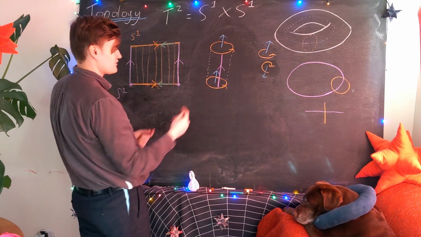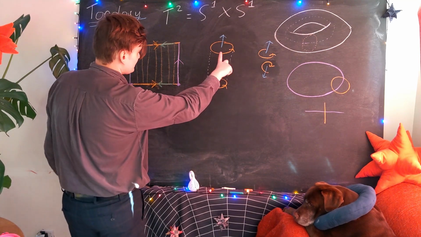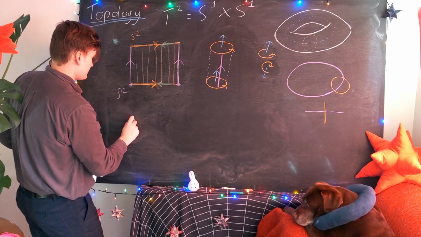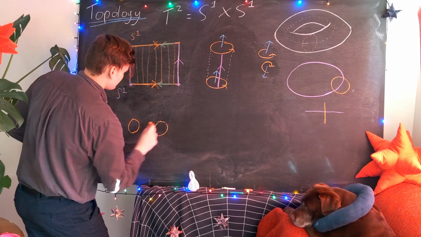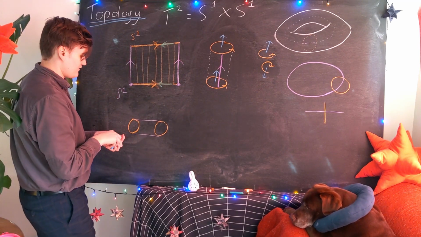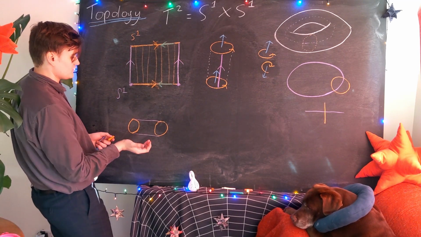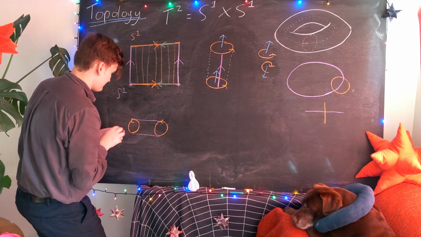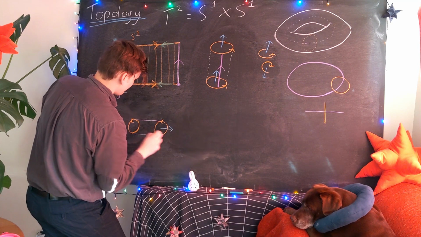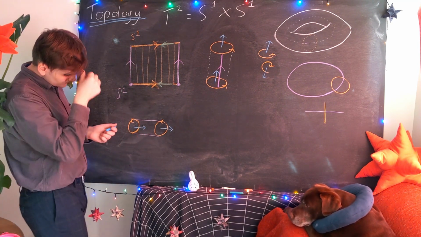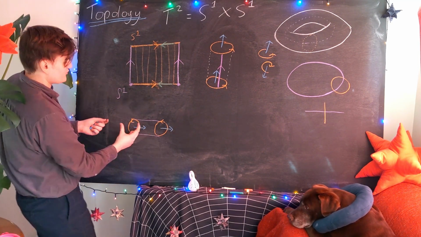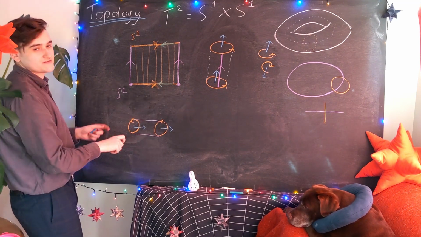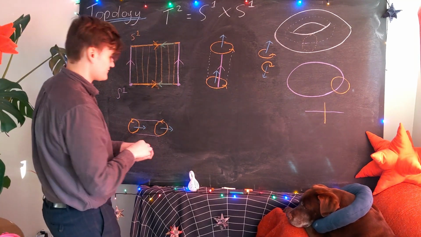So if I just draw that for you now, I'm going to redraw this picture but on its side. So this is our cylinder. We have our 2 orientations. And now we want to bring one of these around so that it joins up and forms a torus.